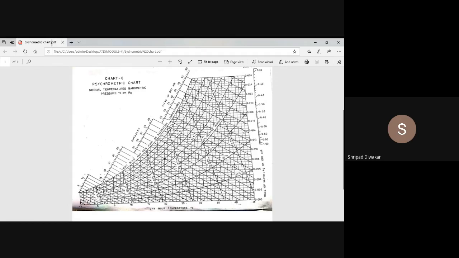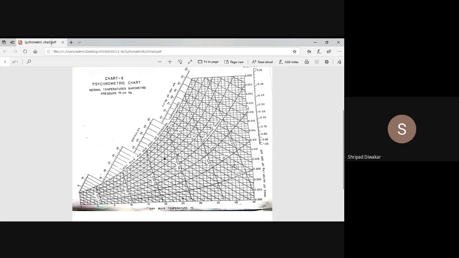Suppose you take the horizontal direction, here 25 degrees, move up to where it cuts the saturation curve, then move in the right direction from left to right and locate the point. It is approximately 0.0019, the specific humidity. So at DPT we are having higher specific humidity, at WBT we are having lower specific humidity. This is how to locate the point.